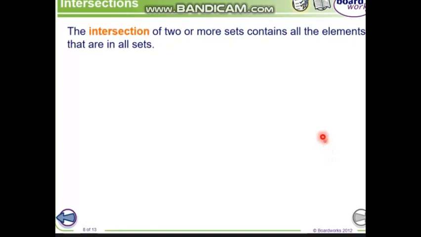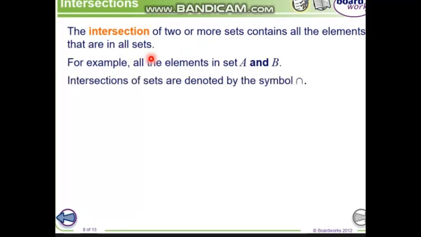Sorry. Dapat common siya in the sets. Okay? And we have all the elements in set A and B. That means common siya. We use this symbol for the intersection.